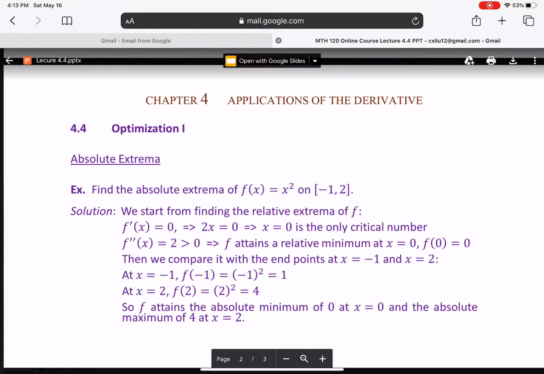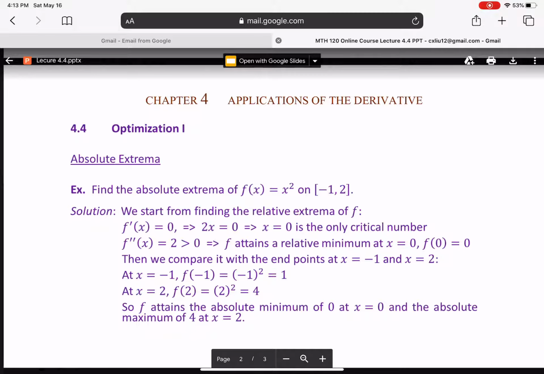Then we compare this relative minimum with the endpoints at x equal to -1 and x equal to 2. At x equal to -1, plug in -1 for x, we got f of -1 equal to -1 squared, so that's 1. At x equal to 2, plug in 2 for x, we got f of 2 equal to 2 squared equal to 4.